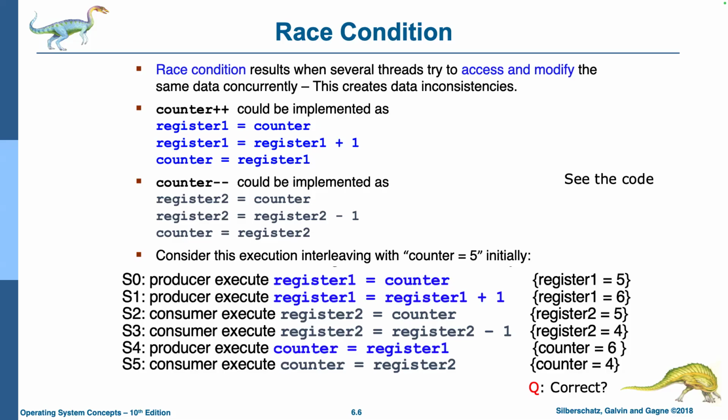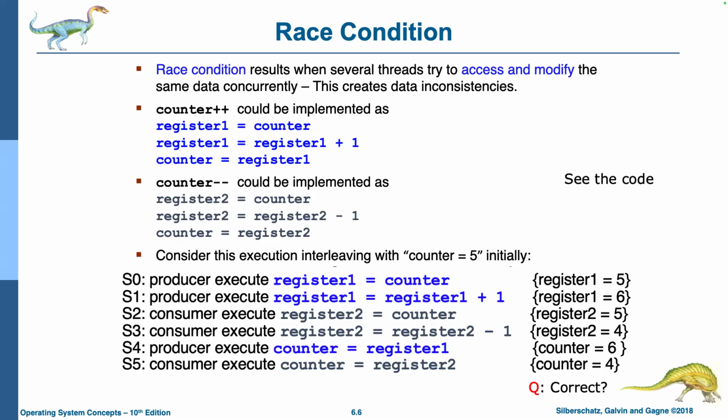Two different counters? No, one counter. The counter has the same value in the memory. The counter is in the memory. Registers are different. The CPU must load this counter from memory to the registers.